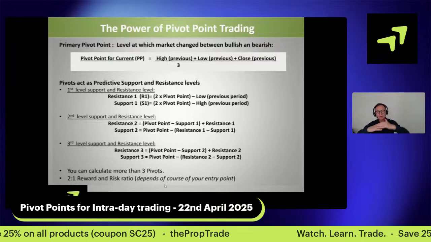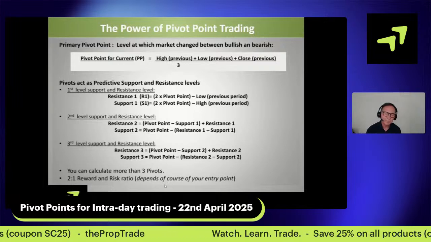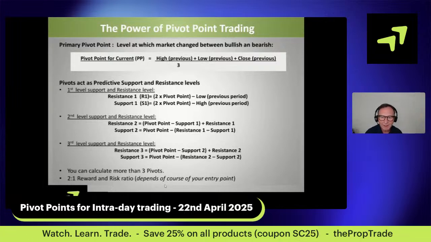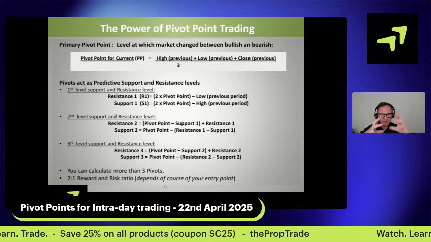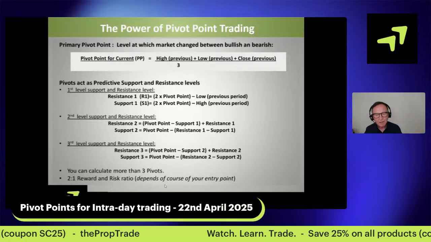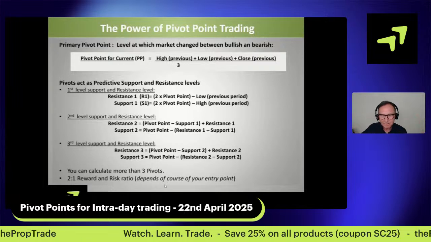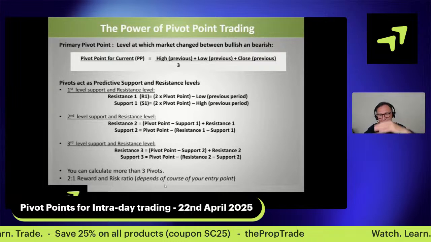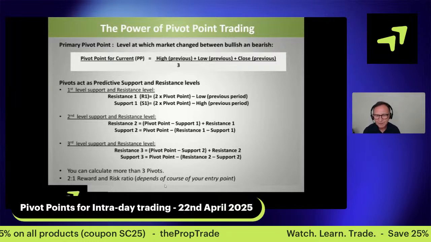So pivot to S1, or pivot to R1, R2 if you're going higher. You can work out your risk reward ratios quite quickly on the simple lines on the chart when you're using these floor pivots, because they're equal distance based on the previous movements of the chart.